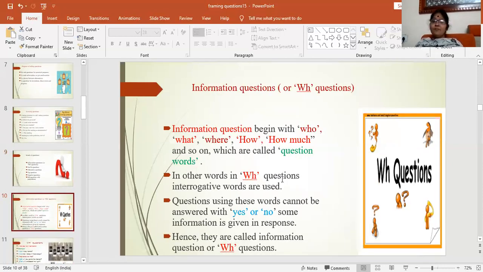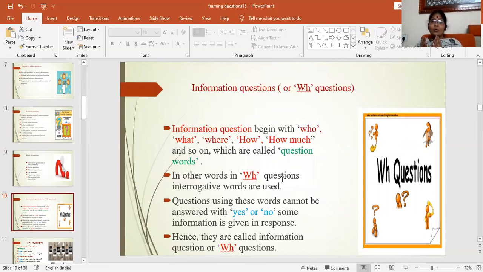Say information questions, which is also known as WH questions. Information questions begin with who, what, where, how much, and so on.